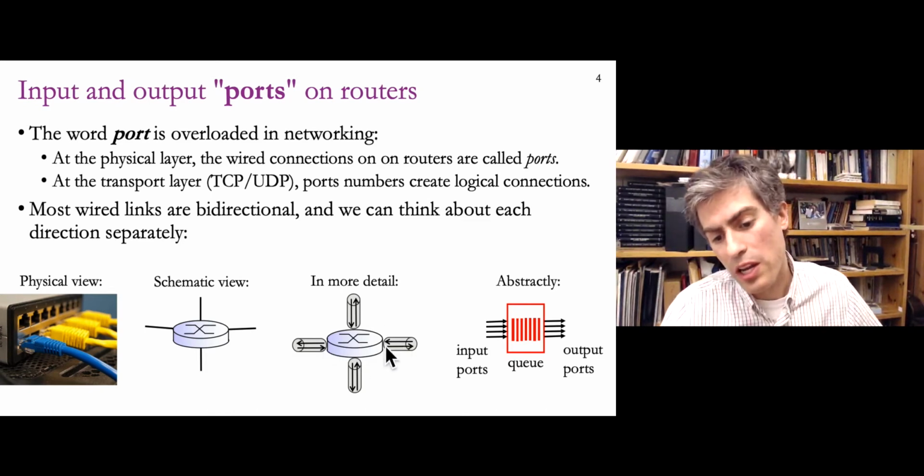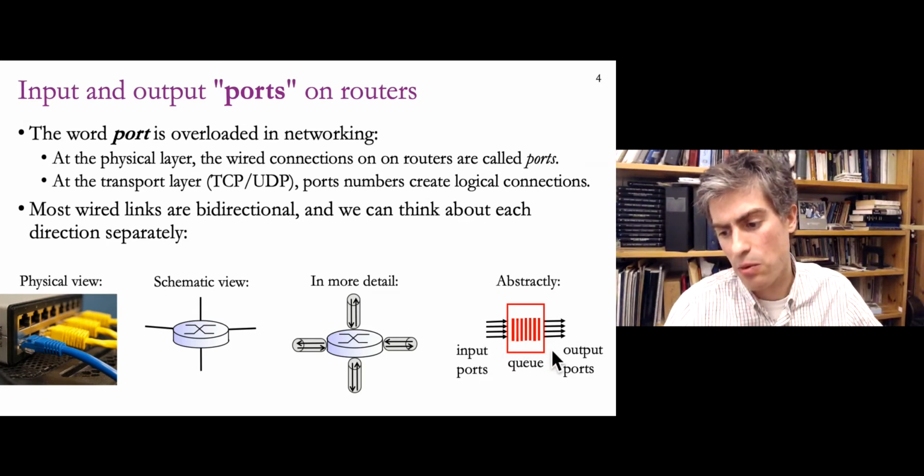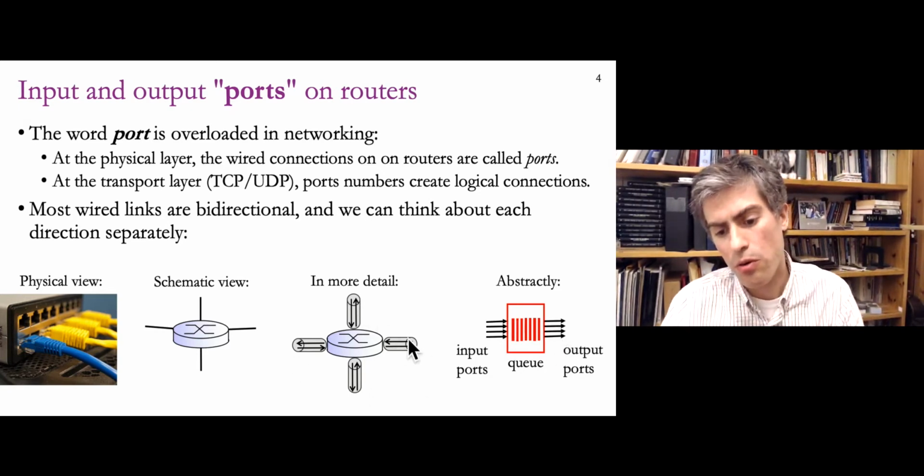And we kind of rearrange those arrows. The same 4 links in both directions can be split in this final abstract view, putting all the input ports on one side and the output ports on the other side. So we take each cable, and its input port is on the left side of this abstract view and its output port direction is on the right-hand side. And the router itself is in the middle. So on all 4 of these cables, data can come in. Those are all shown on the left here as input ports.